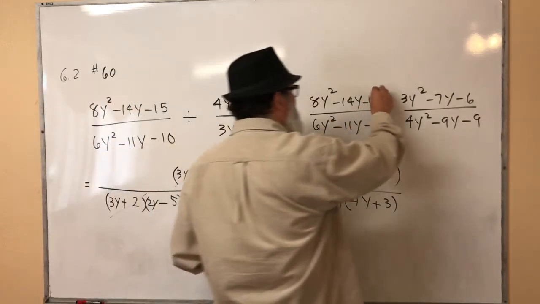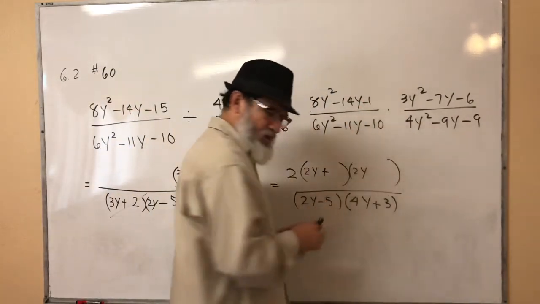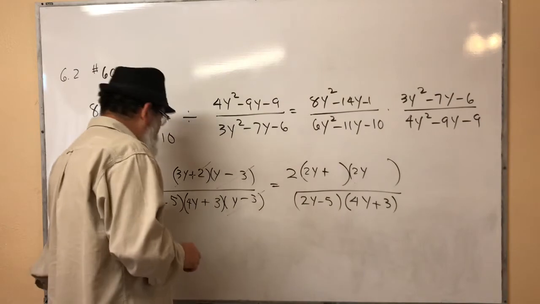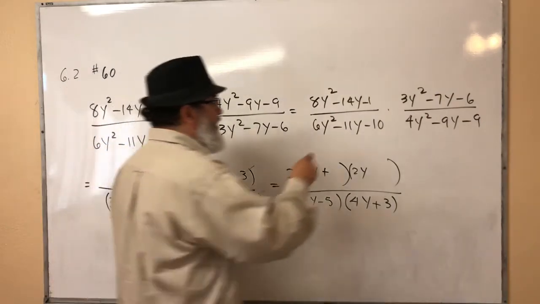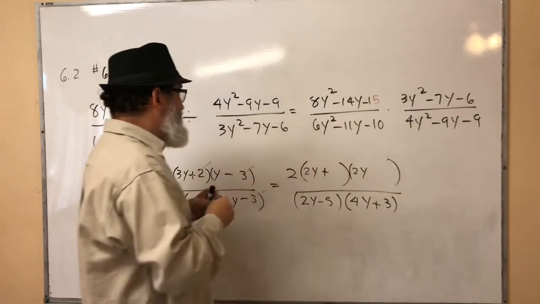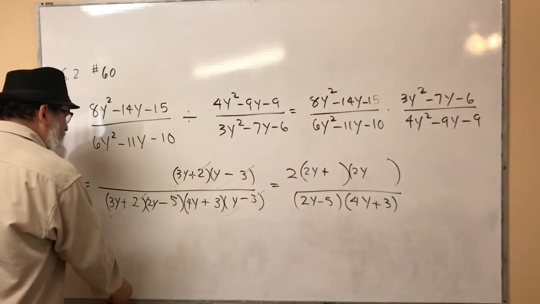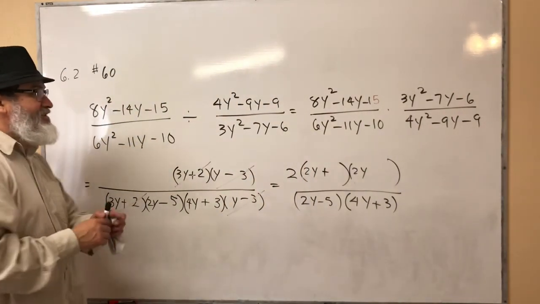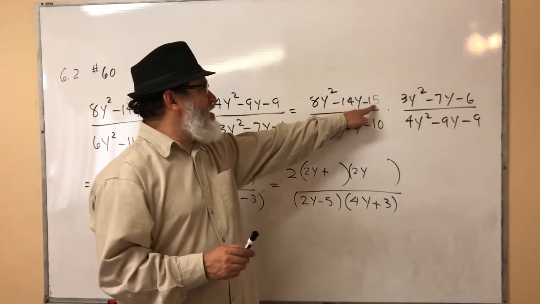I did it again here. Write it in red so you guys can see my mistake. My only mistake was writing this 16 when I should have written a 15. So that's my mistake right there.